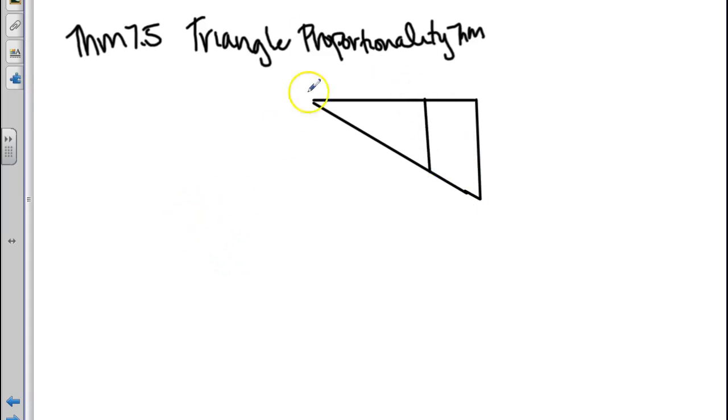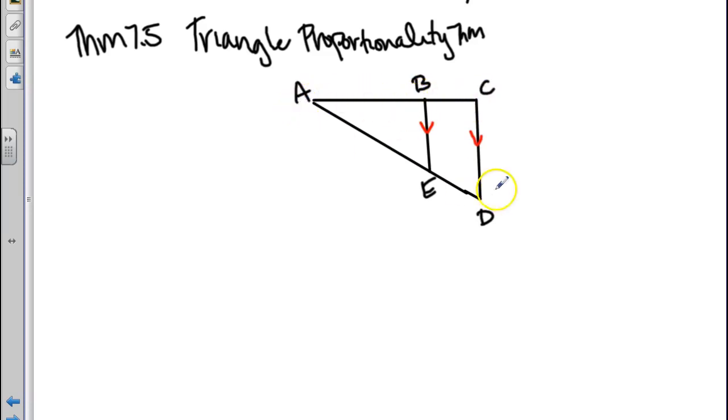All right, so let's label this A, B, C, D, and E. And these guys are parallel to each other. So if a line is parallel to one side of the triangle, so I have line BE parallel to line CD, and it intersects the other two sides.